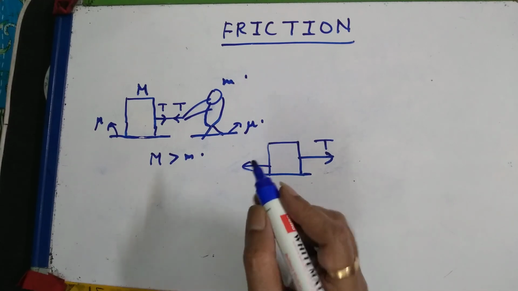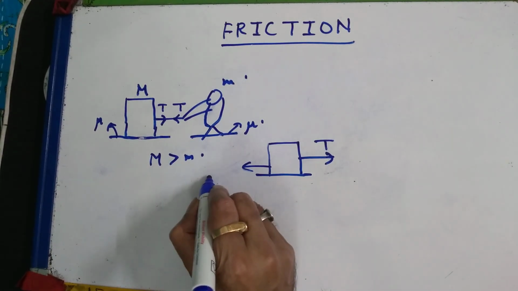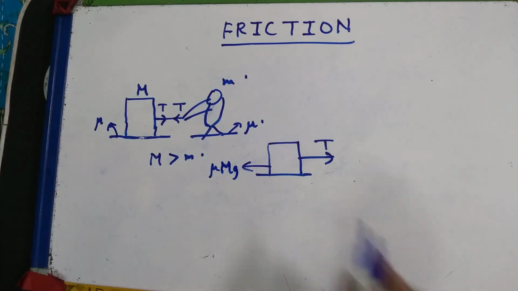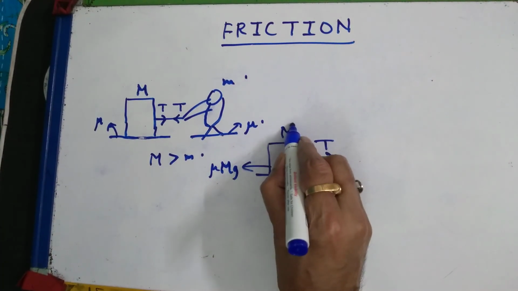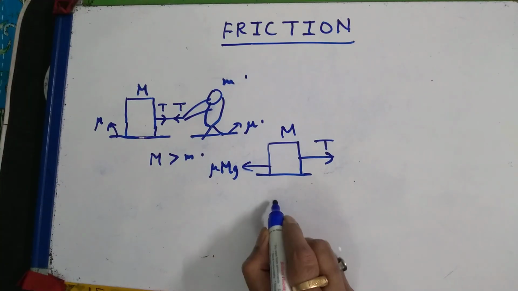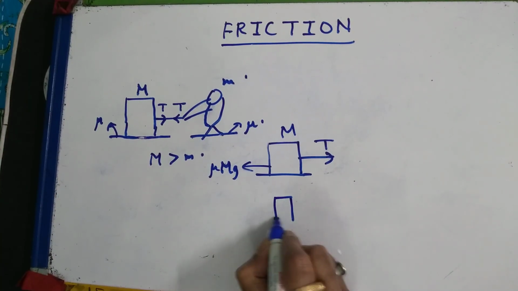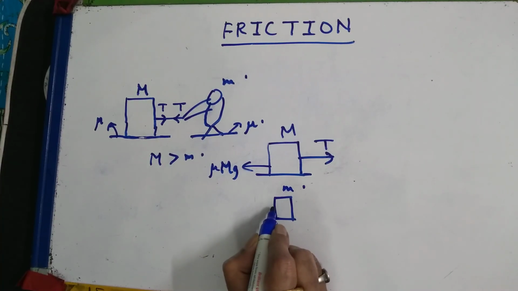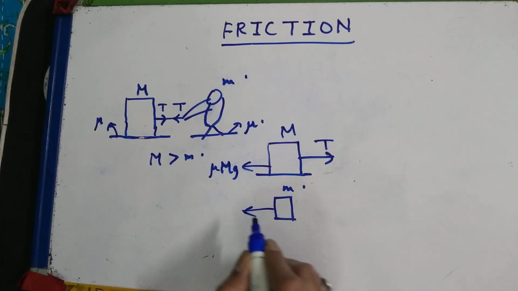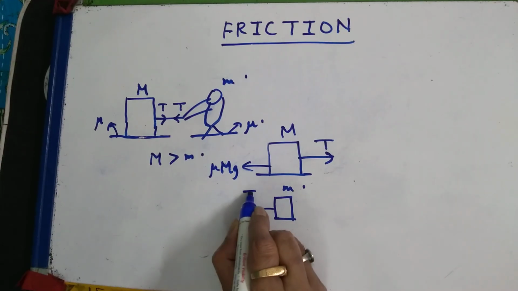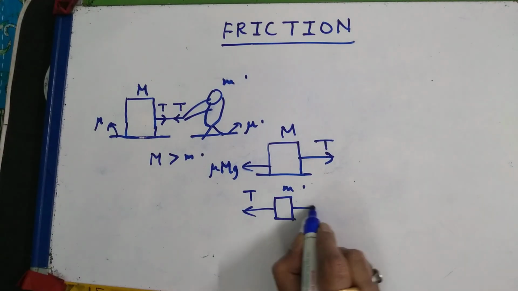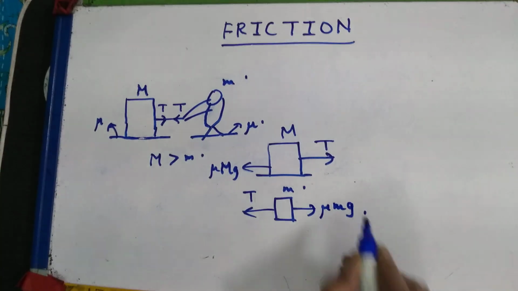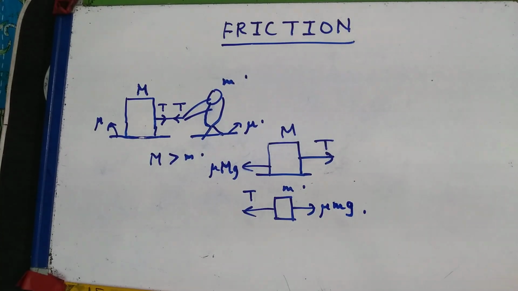So it will be mu Mg towards the left for the block. For the man, tension is towards the left, and a friction force equal to mu small mg is acting towards the right.